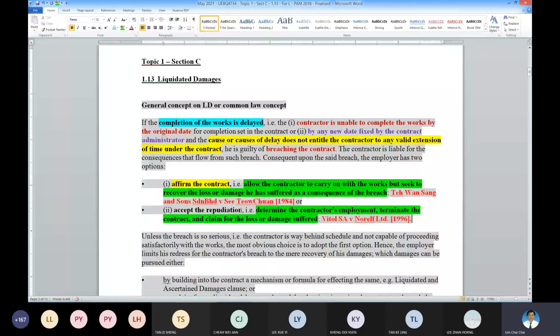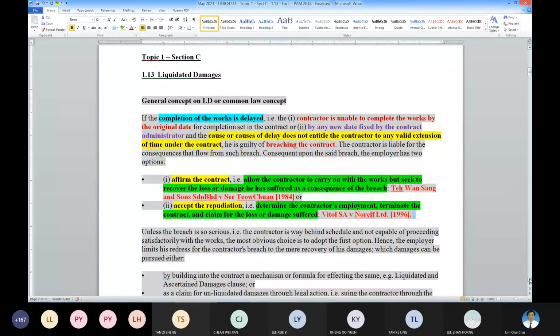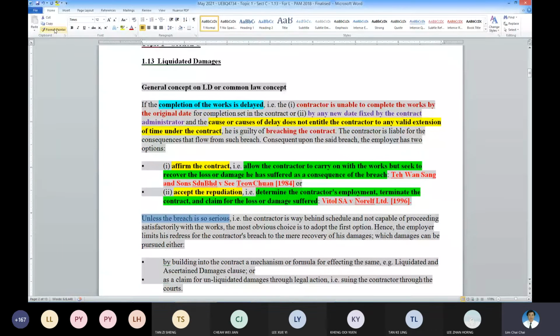So generally number 2 is for serious breach. Okay. If it is a serious breach, then number 2 will be invoked. If not, usually it's number 1. You affirm the contract and then find how to charge the contractor. Okay.